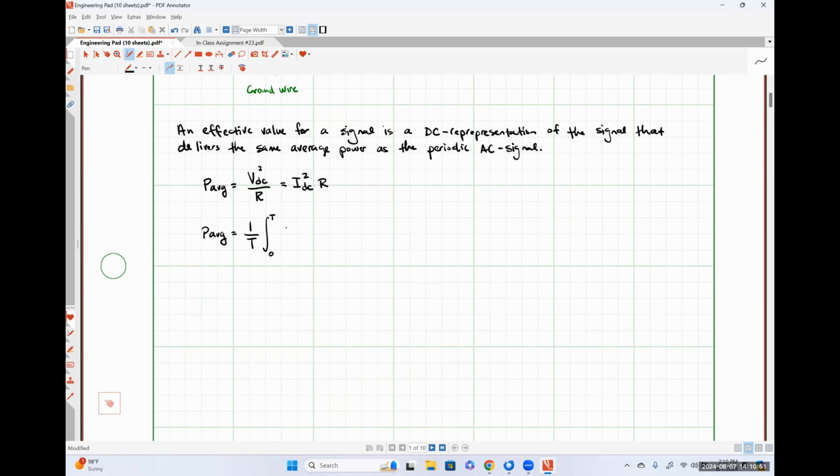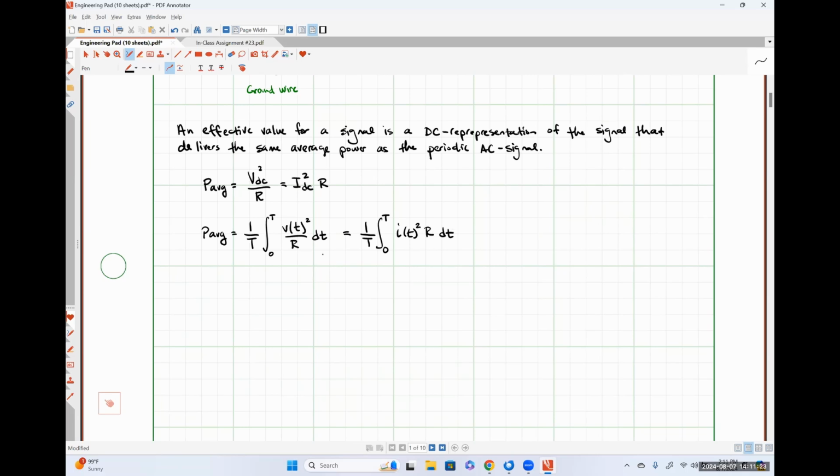As a function of voltage, this would look like our instantaneous voltage squared divided by our resistance, and we're performing that integral with respect to time. Or it would look like 1 over T times the integral from 0 to T of our instantaneous current squared times the resistor value, integrated with respect to time.